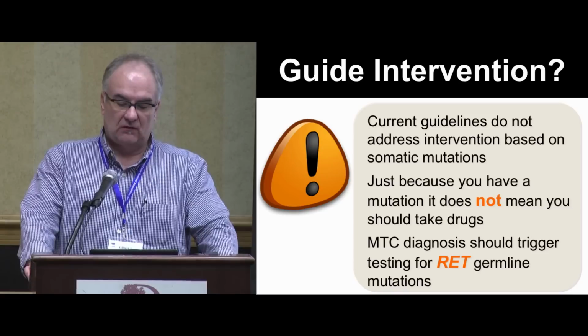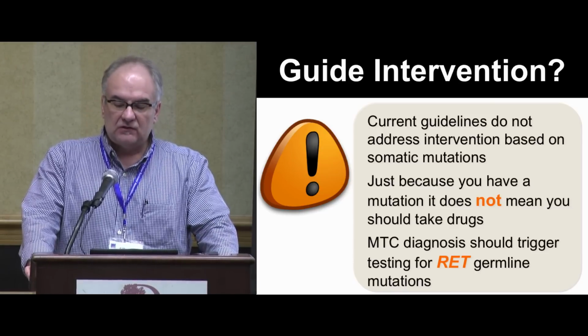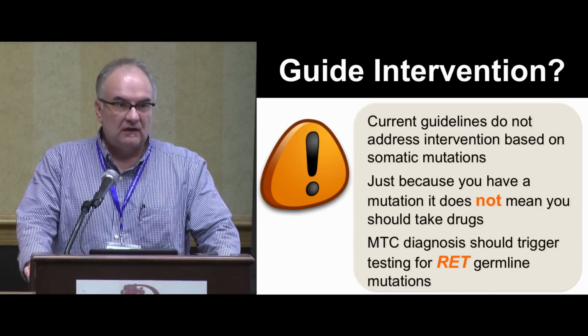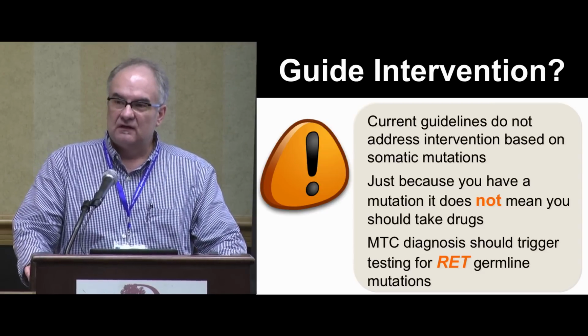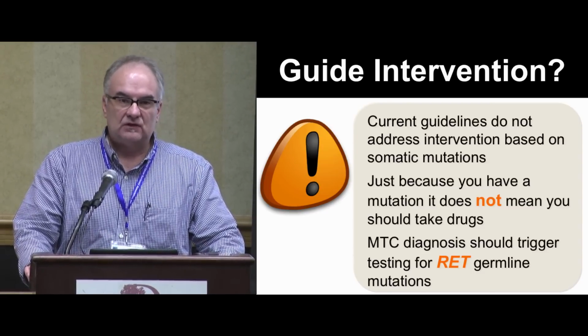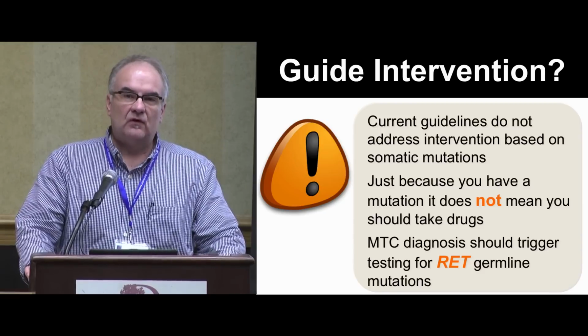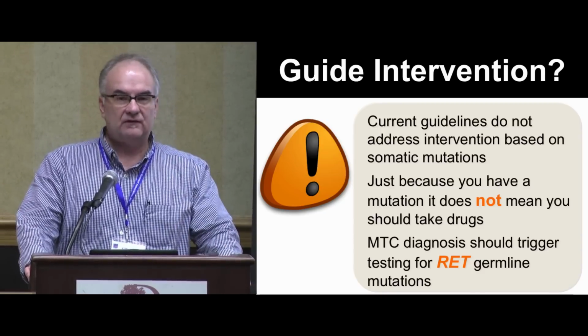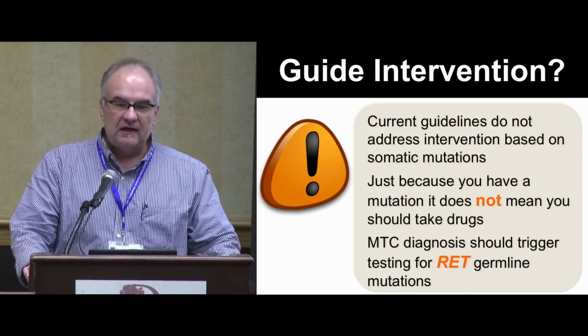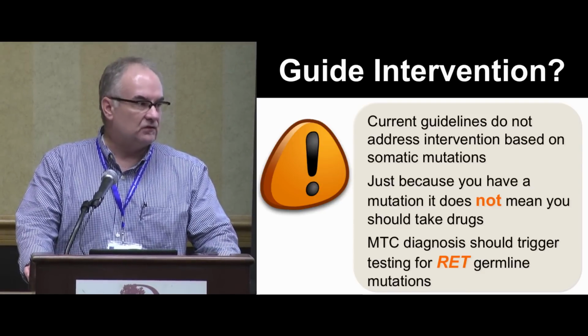Somatic mutation, we don't know. Just because you have one of these mutations does not mean that you should immediately start taking one of the drugs that are developed to target this mutation. These drugs are reserved for slowing the growth of tumor when the tumor is growing. If the tumor is not growing, you're not going to have any benefit from taking these drugs.